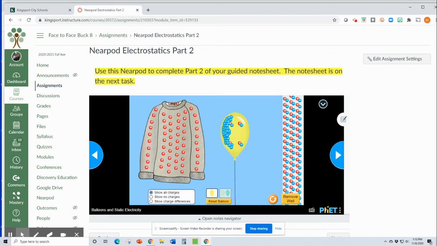But watch what happens. Now, I'm not going to touch it. I'm just going to bring the balloon close. Oh, do you see that? Look at that. All right. So what I'm doing, this is called inducing a charge in the wall. And I'm not touching it, but basically what's happening is the negative electrons in the wall are being repelled.